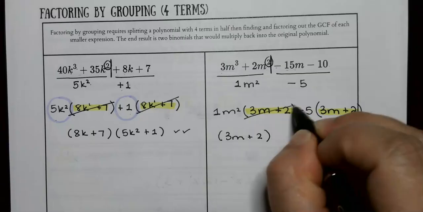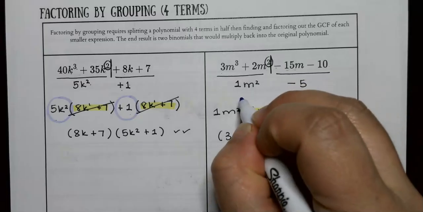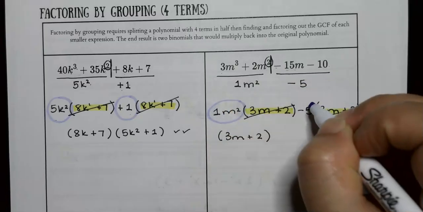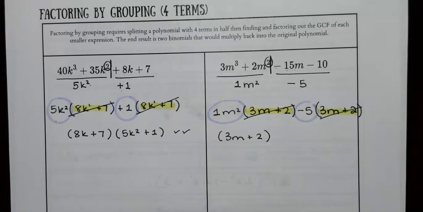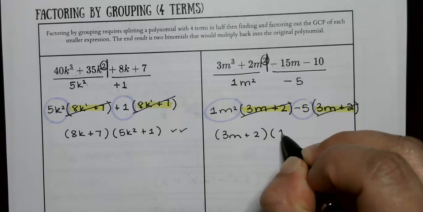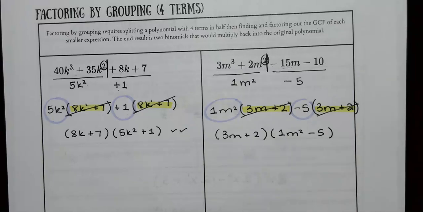Close it. Cross it out. And then look to see what's left over. That's left over. That's left over. So that goes in the second parentheses. 1m squared minus 5. Now I do want to point out that order doesn't matter.